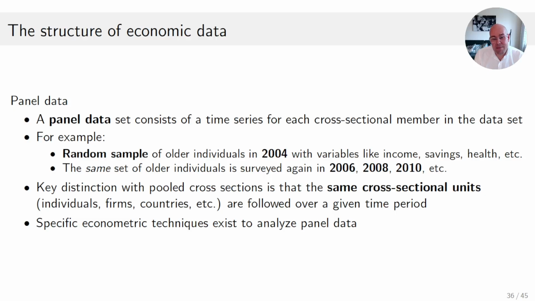But it's the same households over time. So the key distinction with pooled cross-sections is that the same cross-sectional units, individuals, firms, countries, etc., are followed over a given time period.